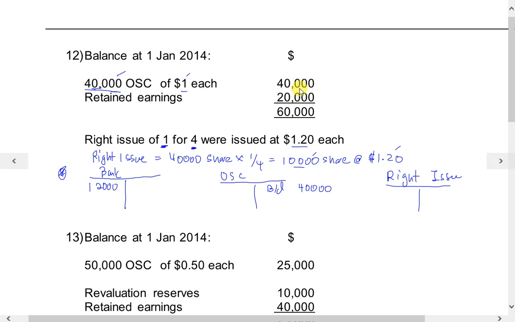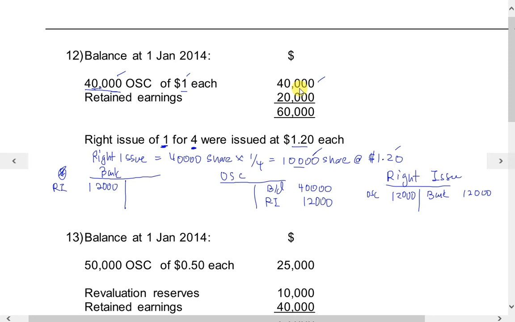Debit bank, credit rights issue. Done. Number 2, reverse out the rights issue and credit ordinary share. Okay, so when the company has already issued 40,000, now they want to issue another 10,000, so we go through rights issue. So the steps are similar to share application.